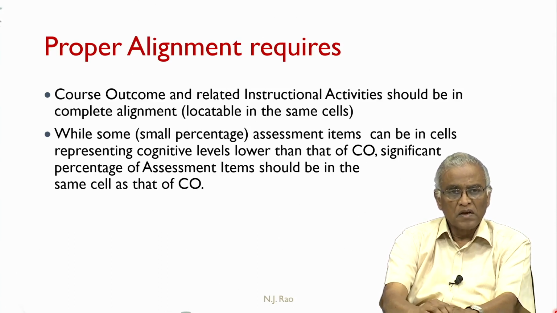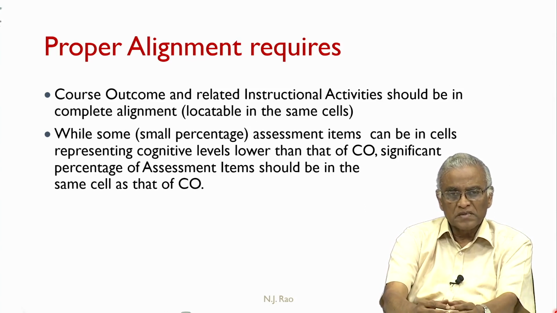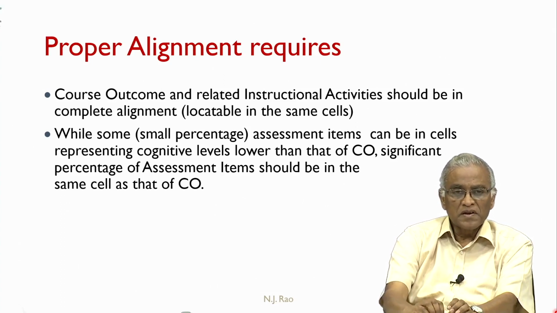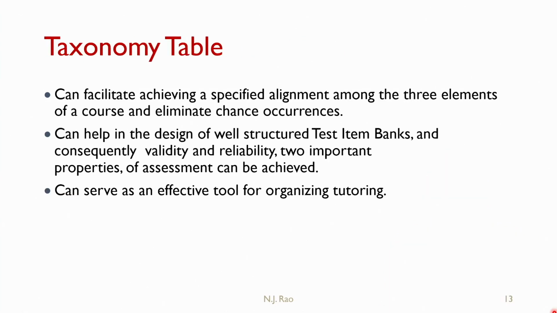While a small percentage of assessment items can be in cells representing cognitive levels lower than that of the course outcome, a significant percentage of assessment items should be in the same cell as that of the CO. So, what can the taxonomy table do for us?